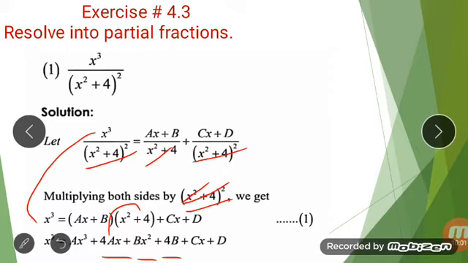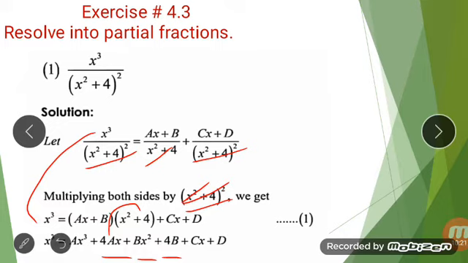Here you can see that, as I told you earlier, you can derive the value of x from the linear factor, whereas you cannot derive the value of x from the quadratic factors, because if you do so, you will get an imaginary answer, but you need real numbers in order to put in and find the unknown values.